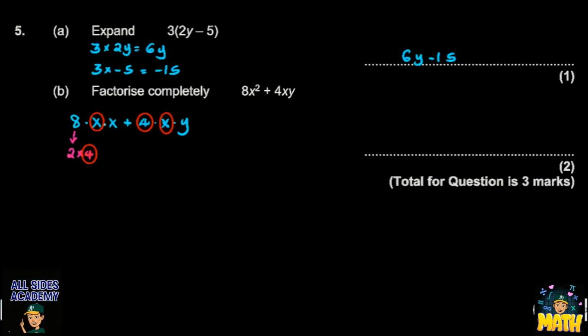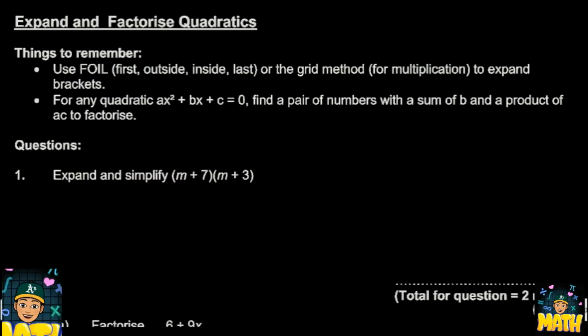So I rewrite those 2 numbers that I have circled and the letters outside. So we have, I'll rewrite that as 4x into, I remain with 2x plus y inside the brackets. Right there, 2x plus y.